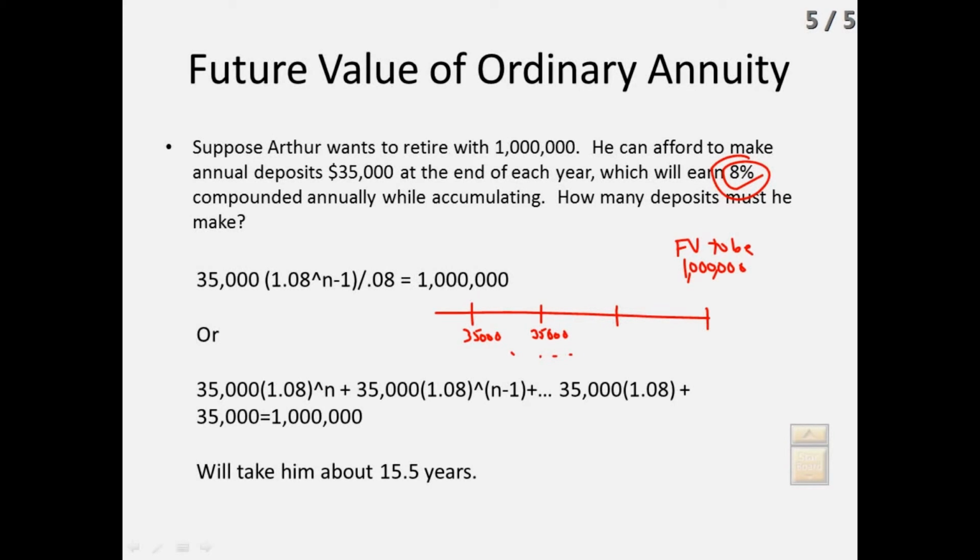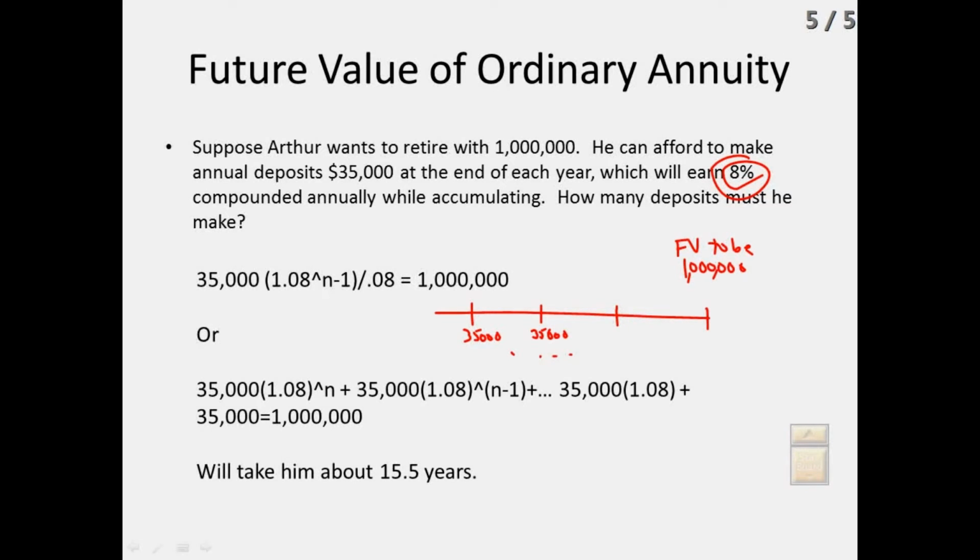Now, I told you last class, I always want you to do a reality check. So what would the reality check on this problem be? What is the number of years going to be less than in order for this problem to make any sense? Right, so let's say like 30 years.